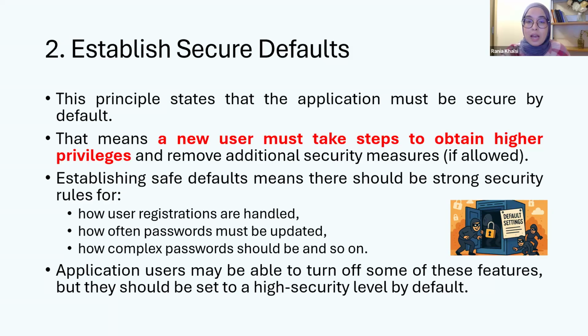This approach mainly reduces the risk of accidental misconfiguration and protects users who may not be security experts. The overall idea here is that security should be the default and not optional.